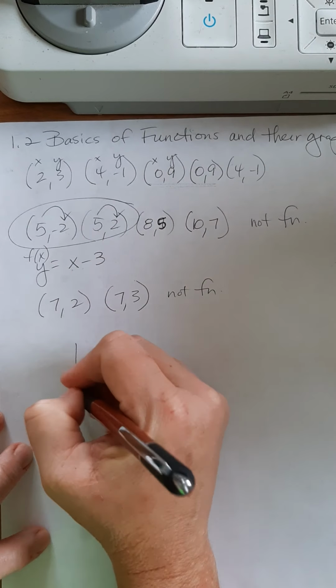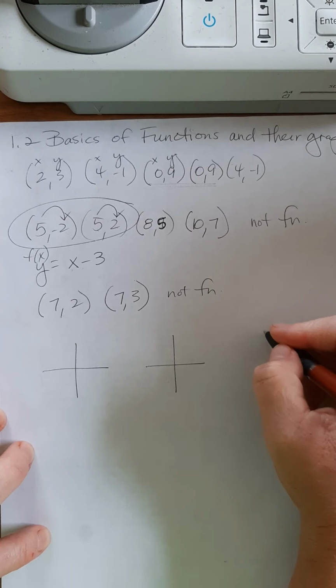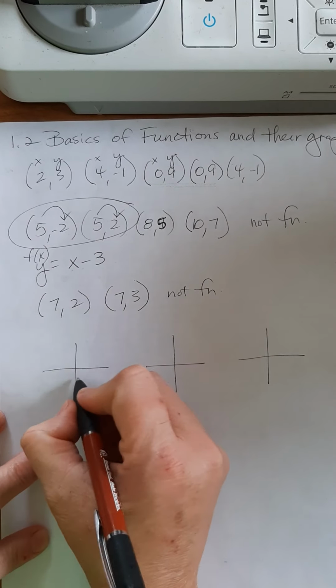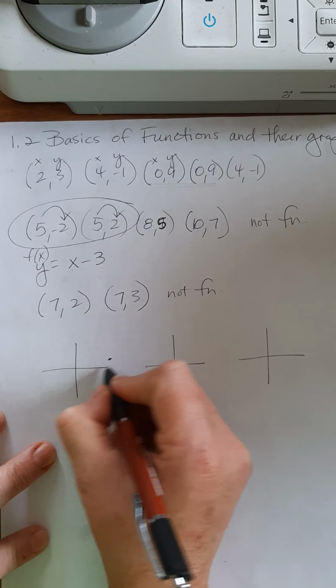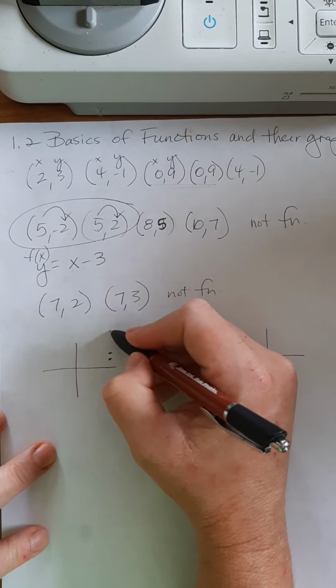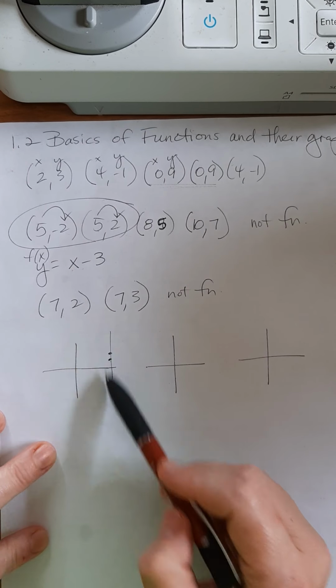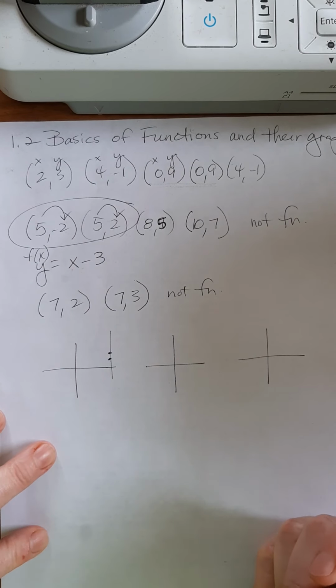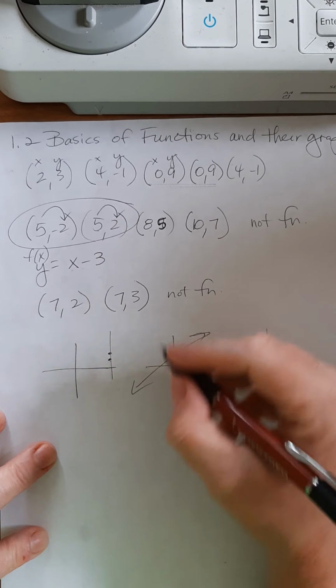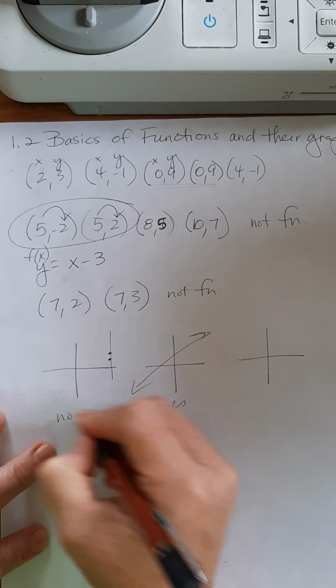You can also test to see whether or not it's a function by doing a vertical line test. Because notice how if you went over 7 up 2, over 7 up 3, see how you have those two points? It doesn't pass the vertical line test. You could have a slanted or oblique line, you're good.